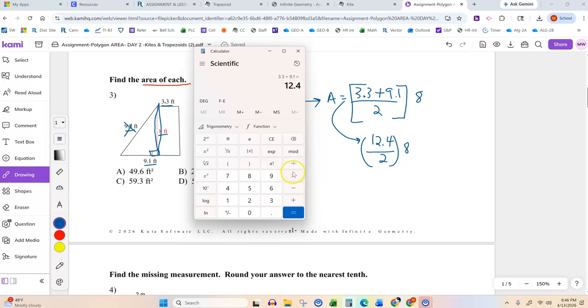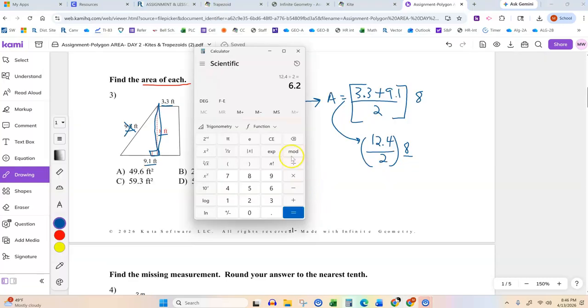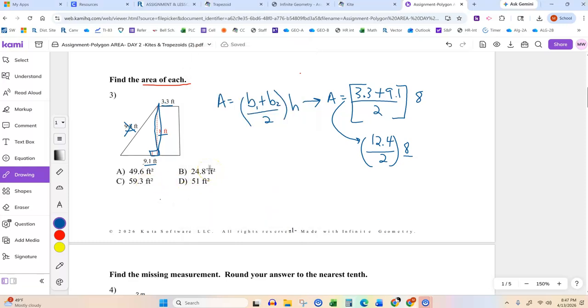So I'm going to take this, divide by 2 equals, and then times 8 equals 49.6. So that's going to be A. For some reason they're all A right now. They're not always going to be like that, but in these examples.